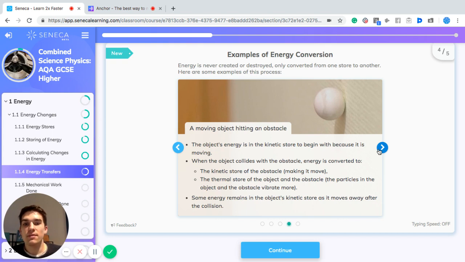But it could also be thermal energy of the object and the obstacle. If there's a collision, it might make the particles vibrate or oscillate, so that will create thermal energy. And some energy may also transfer into some other types of energy.